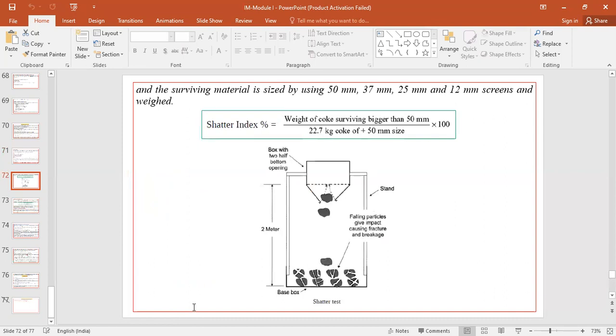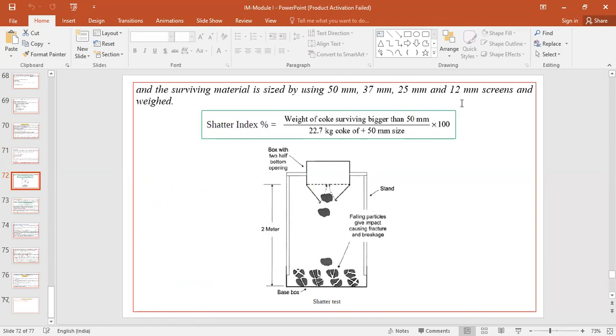After that, we need to collect the entire sample which has settled on the steel plate, and arrange sieves of size 50 mm, 37 mm, 25 mm, and 12 mm.